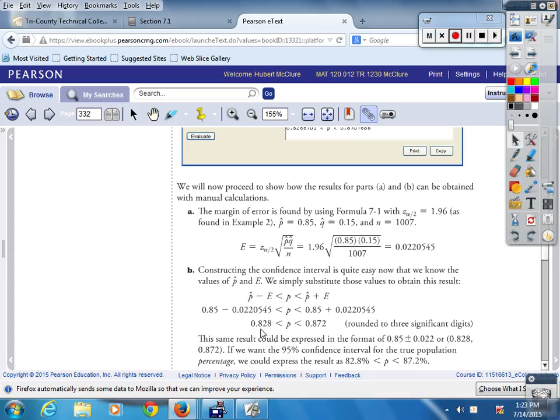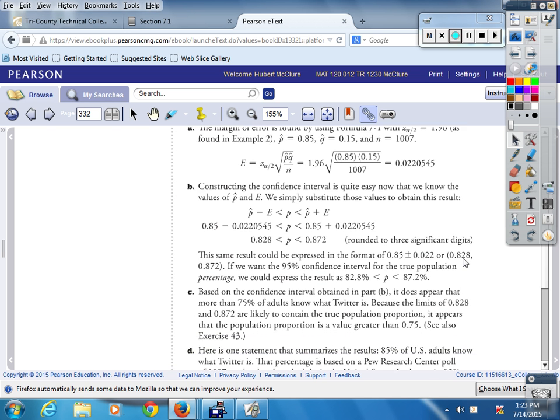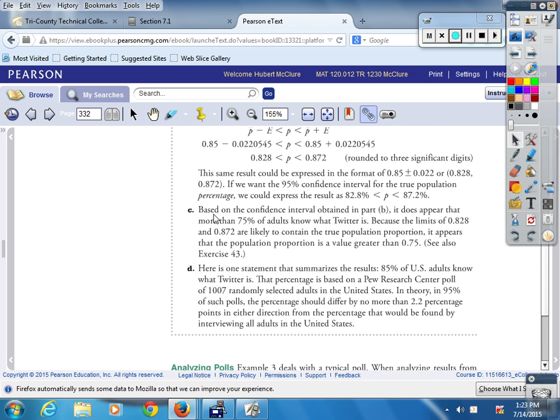And what did they get? 83% to 87%. That's what we got. Based on the confidence interval, it does appear that more than 75% because of the limit, so therefore 75% is not right. That's basically what C means. And the statement says the same thing here.